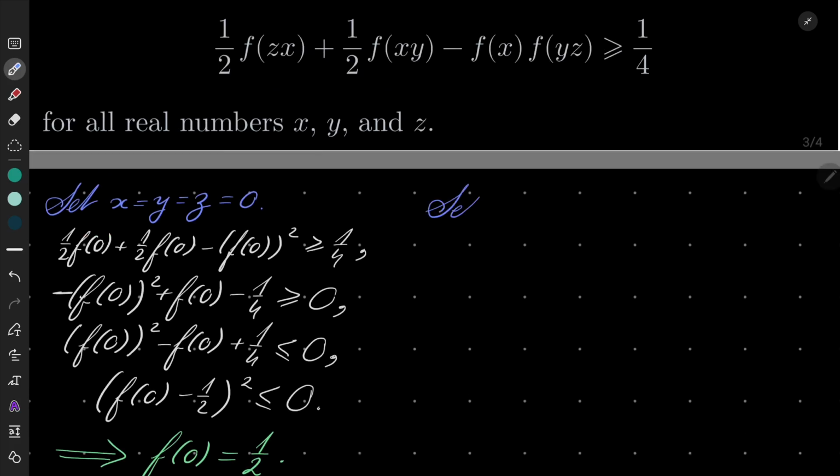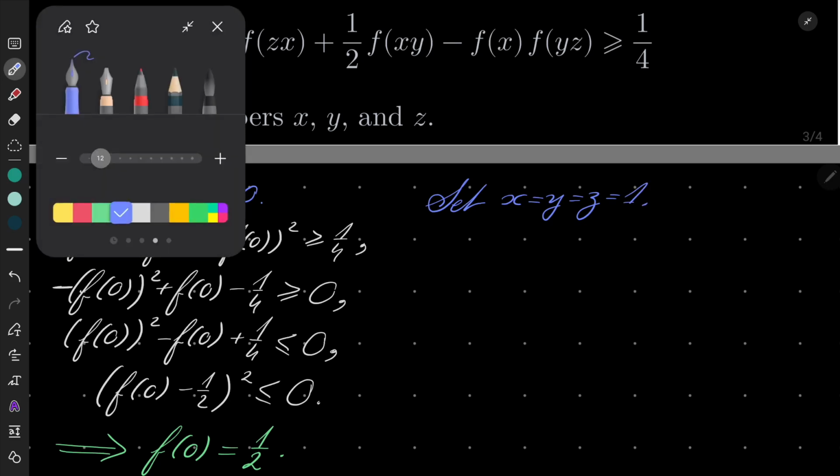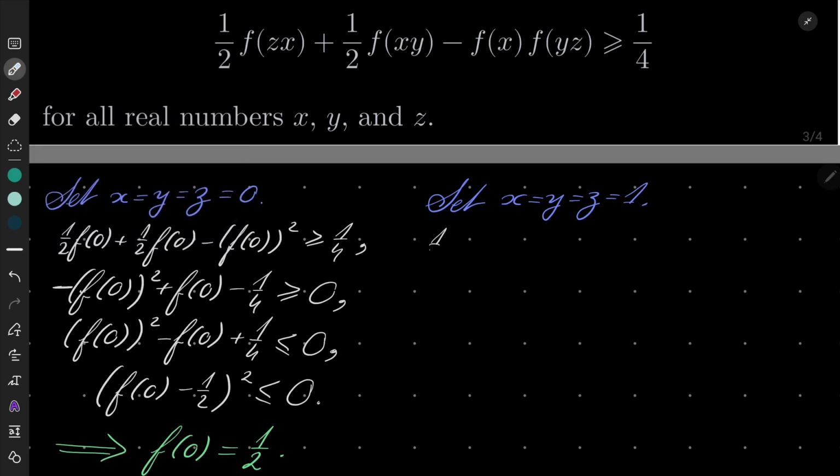And now let's try setting x, y, and z to be 1. We will get something very similar, namely 1/2 f(1) + 1/2 f(1) - f(1) squared greater than or equal to 1/4.